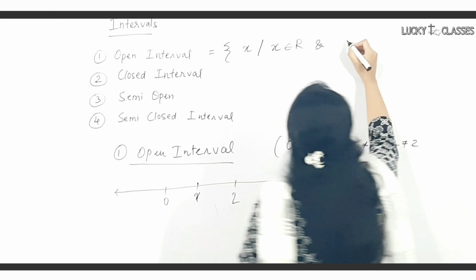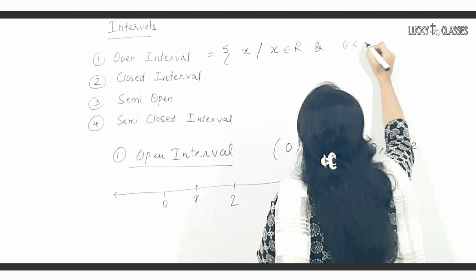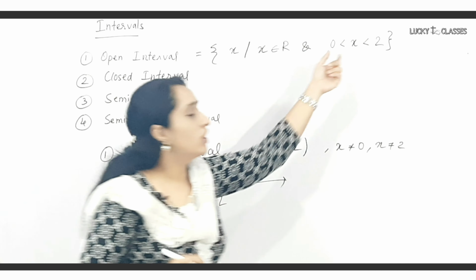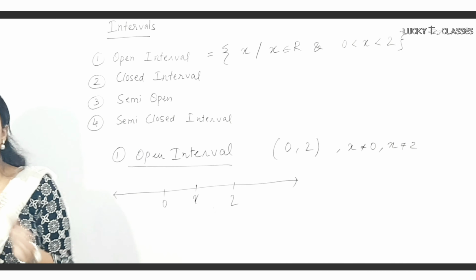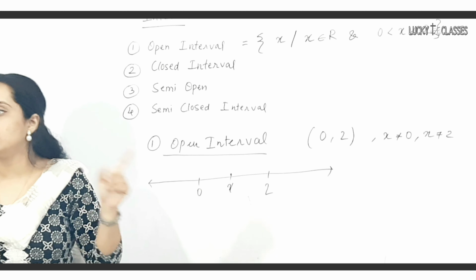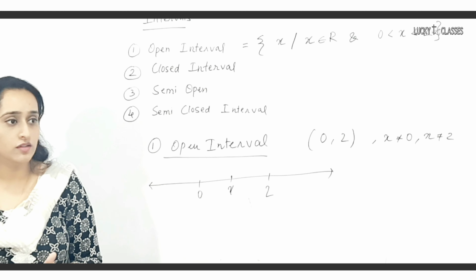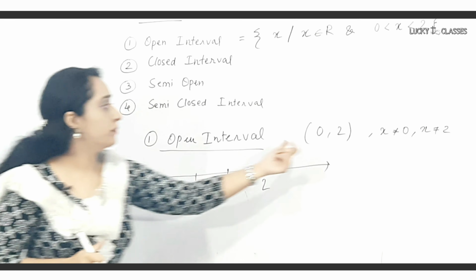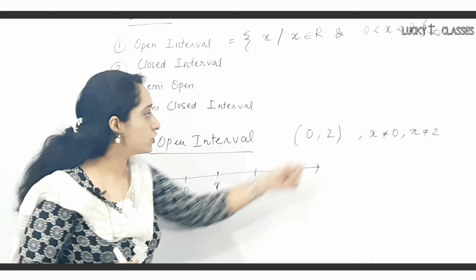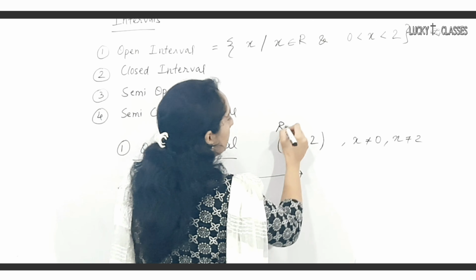So that is why we are going to write 0 less than x less than 2. Okay, this means what? X is lying between 0 and 2, but x is not equal to 0 and x is not equal to 2. Clear? Open interval is denoted by open bracket or round bracket 0, 2. This is also called as round bracket.